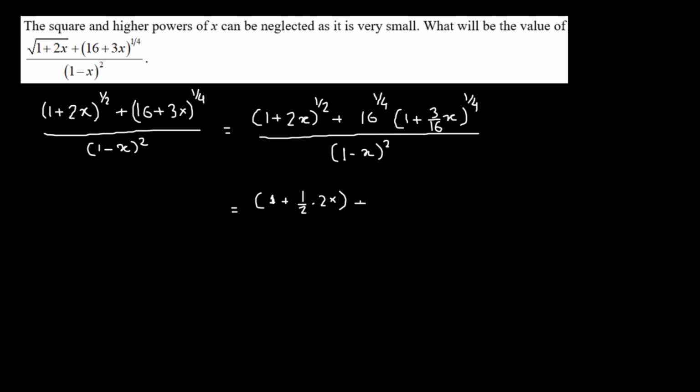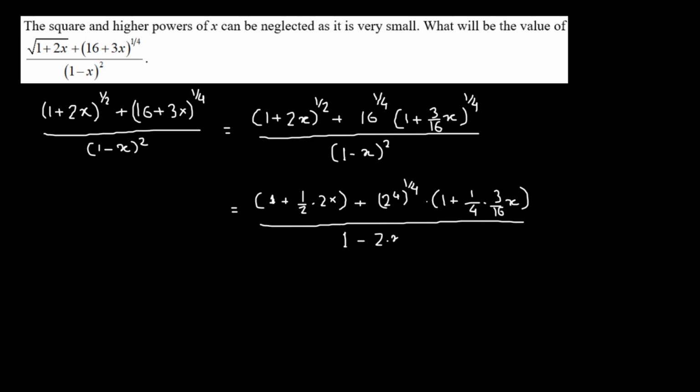Plus, now 16 can be written as 2 raised to the power of 4 whole raised to the power of 1/4 times 1 plus n, which is 1/4, times 3 over 16 x, whole divided by 1 - 2x.